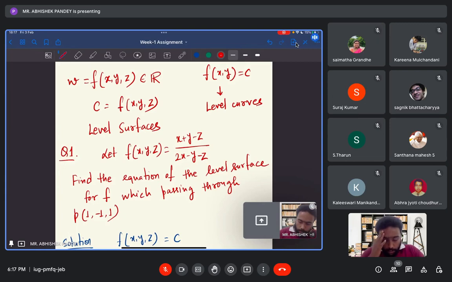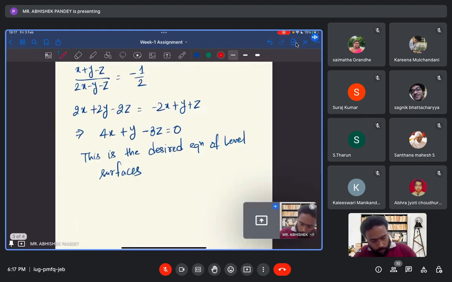Like in the case of a level surface, if you have x squared plus y squared minus z squared equals 0, in this case you will get a paraboloid kind of thing.